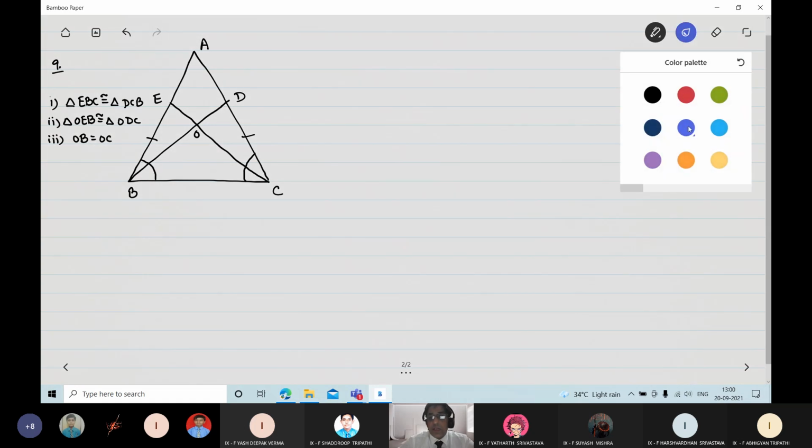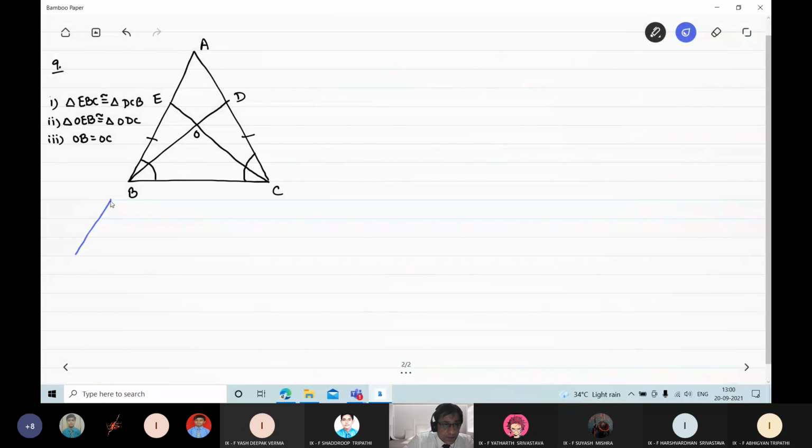So let us see the two triangles. The first one, triangle EBC. Let's draw this triangle EBC. So this is E, this is B, this is C. And let's draw DCB here.